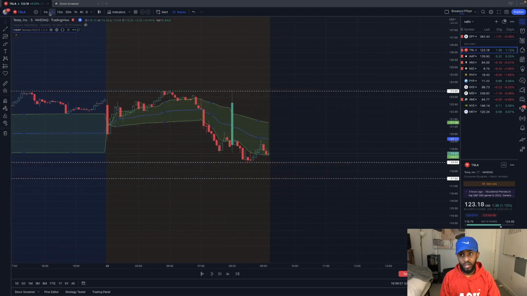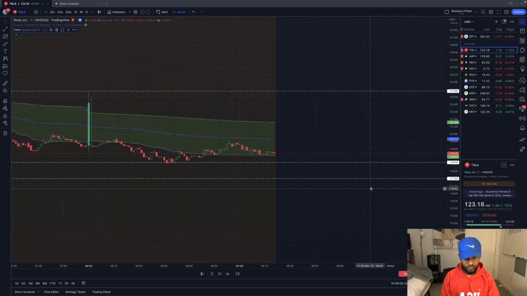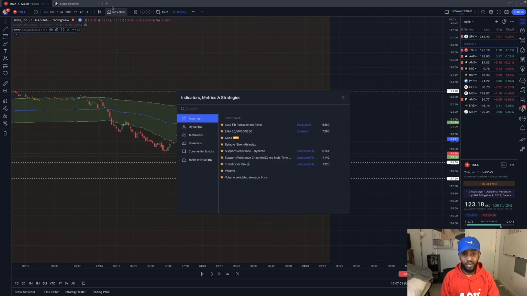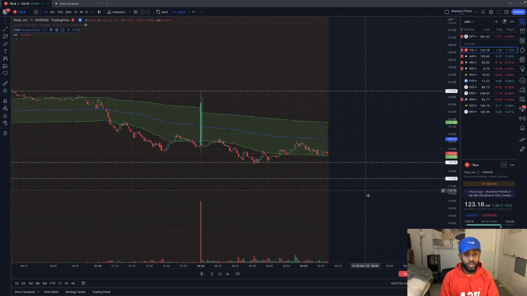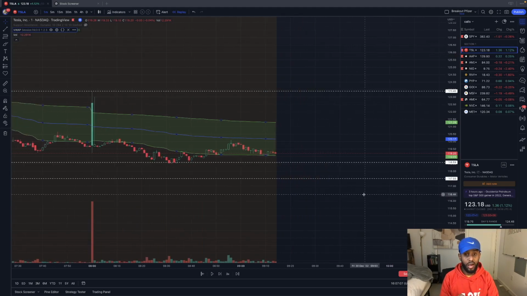Now, I trade on the 1-minute charts, and my final indicator is volume. Now, reading price action is all about using our volume and our candles to help us trade.